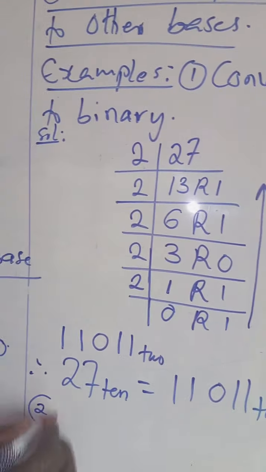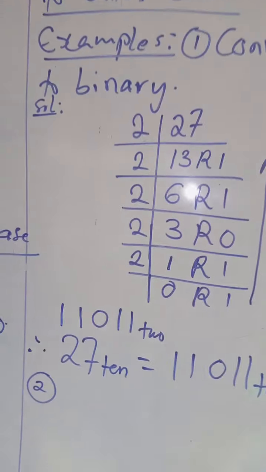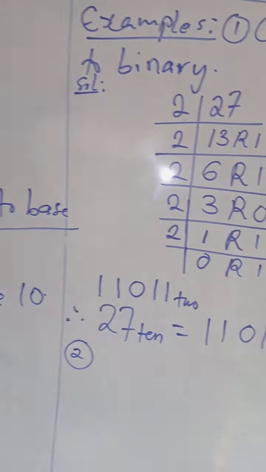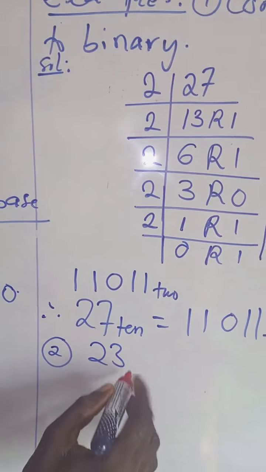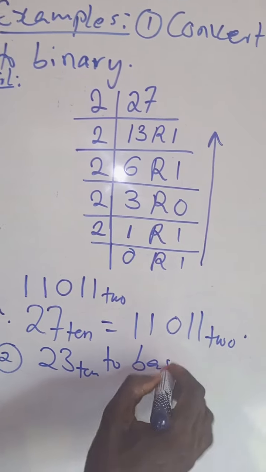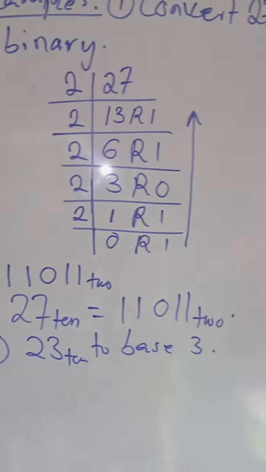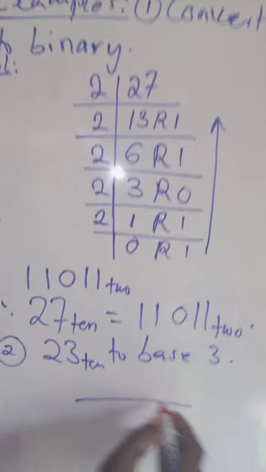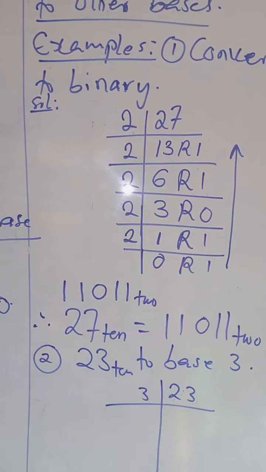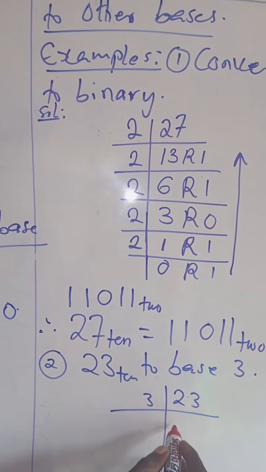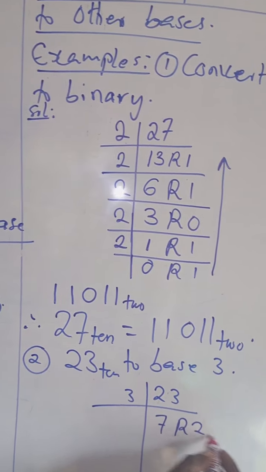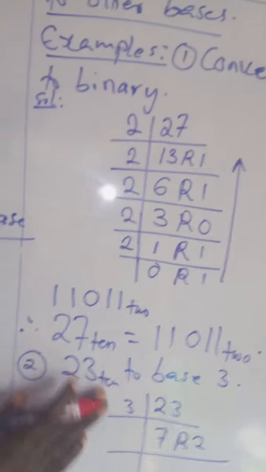So we can also try it with another base. For instance, we are to convert 23 base 10 to a number in base 3. So we are obviously going to divide by 3. So 23 divided by 3: 3 times 7 is 21, so we have 2 as our remainder.